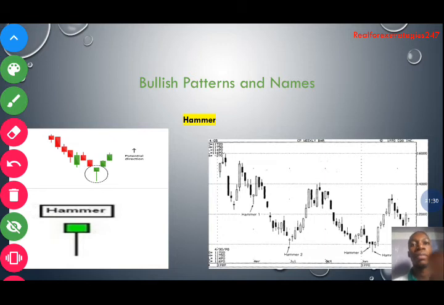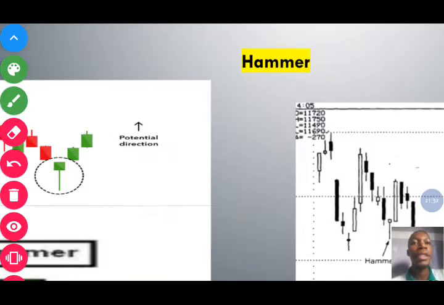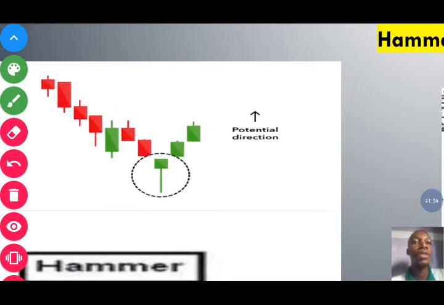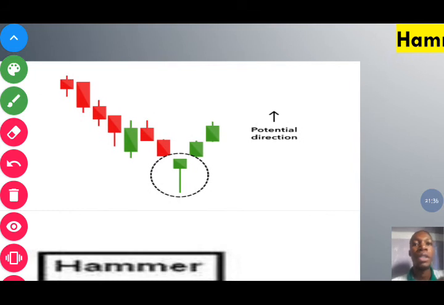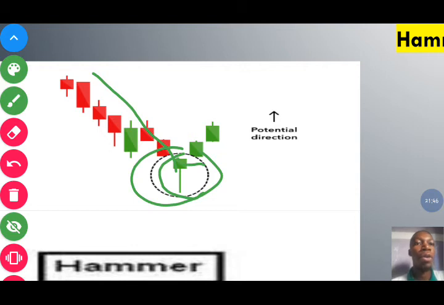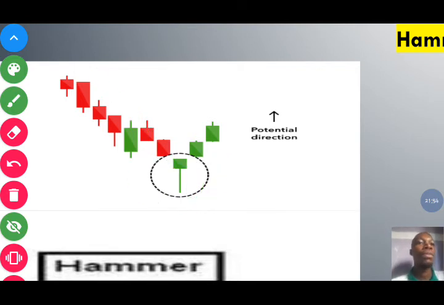So you can see here the real illustration of it. You can see how it looks like here. So price was coming down, then boom, price opened here, went all the way down. Now let me explain what this looks like. Price opened here, right?